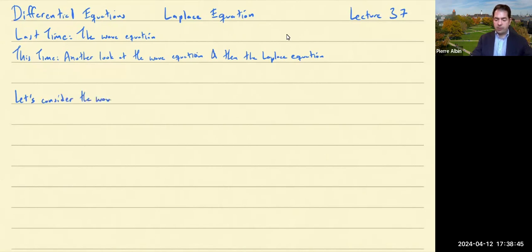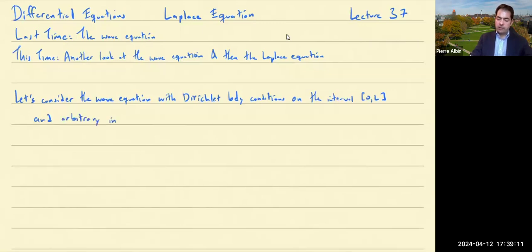Let's consider the wave equation with Dirichlet boundary conditions on the interval 0 to L, and this time with arbitrary initial conditions with respect to time.